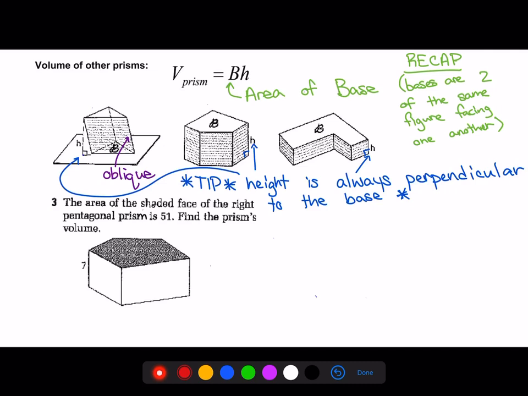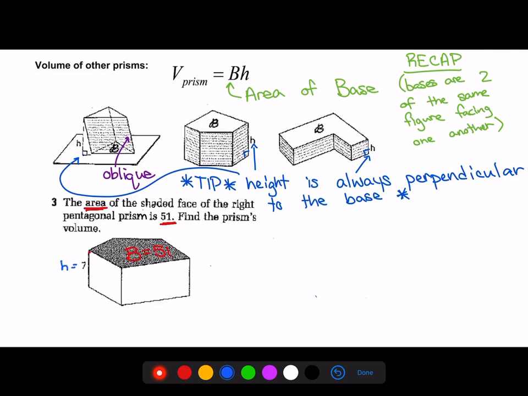All right, so number 3, the area of the shaded face of the right pentagonal prism is 51. Find the prism's volume. So they say the area of the shaded face. Well, if I look at the shaded face here, that is our base. That's big B. So big B is equal to 51, and then I see that our height is equal to 7.